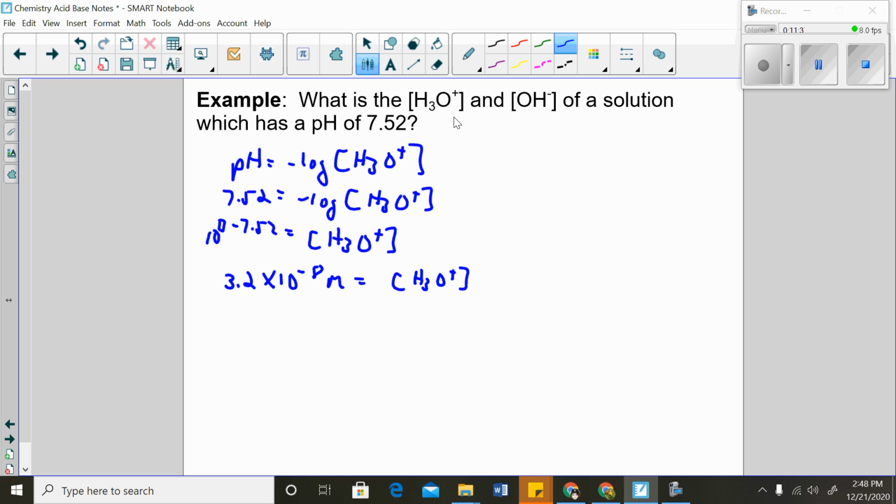So this part solved. How do you get this part? Well, you know you have another equation to use. It's this one. You have the H3O plus, so you can solve for the OH minus.